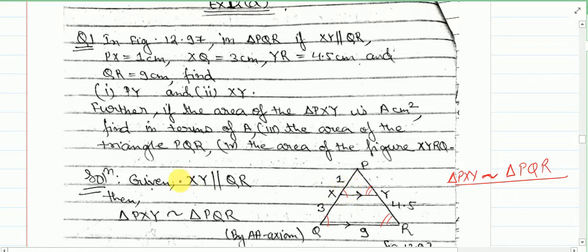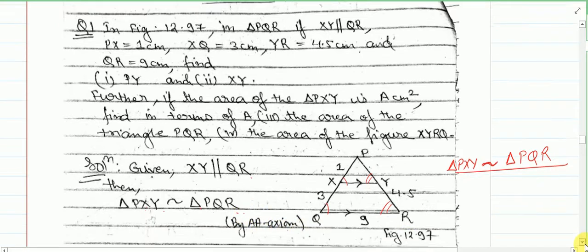Now, once these two triangles are similar, corresponding sides are going to be proportional. So here, given XY is parallel to QR, triangle PXY is similar to triangle PQR. You don't have to prove that; it's understood. You simply write, since it's parallel, therefore triangle PXY is similar to triangle PQR by AA axiom.